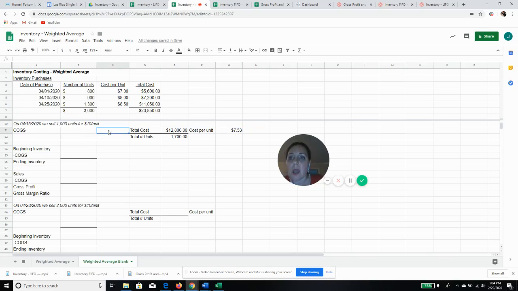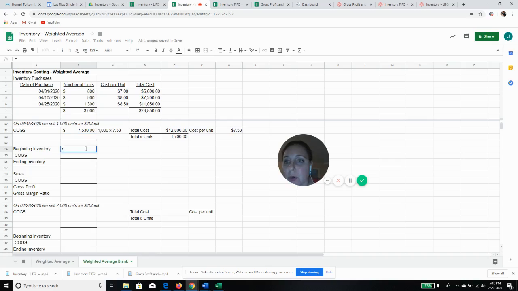All right, so our cost of goods sold then is going to be the 1,000 units we sold times our weighted average cost per unit of $7.53. So I'm going to go plus 1,000 times 7.53, and we get $7,530 as our cost of goods sold.